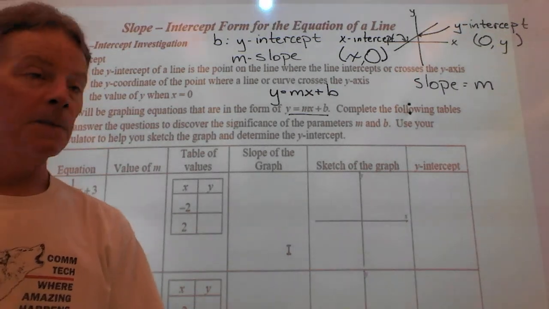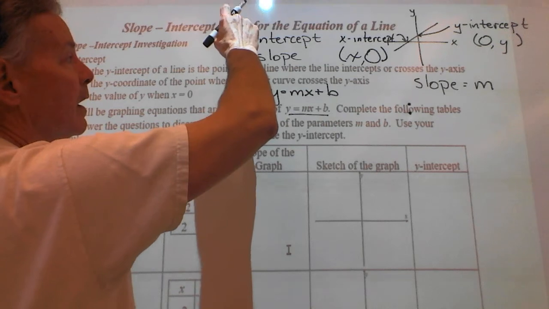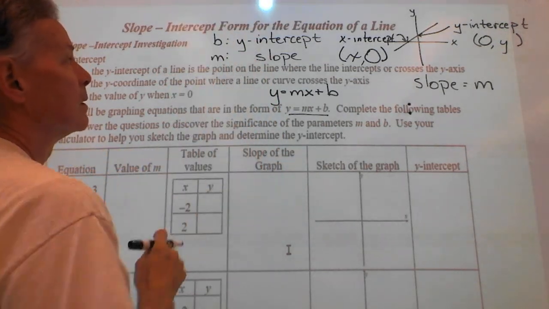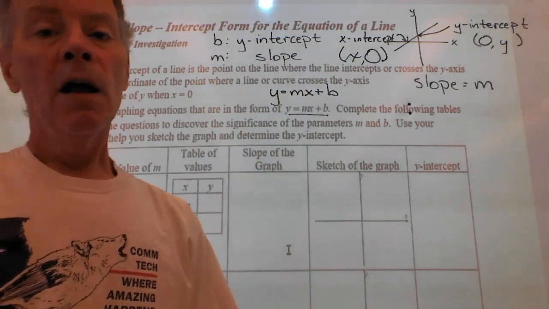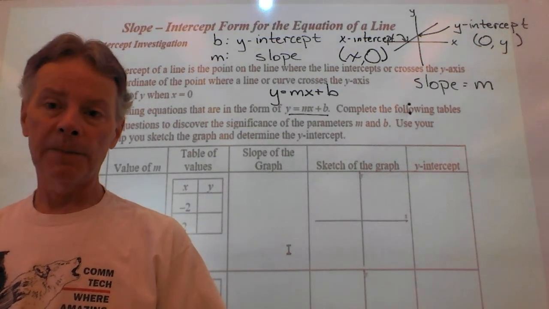Okay? So m is the slope, b is the y-intercept, and the other 2 variables, x and y, would be the x and y coordinates of any point on the line. Okay?